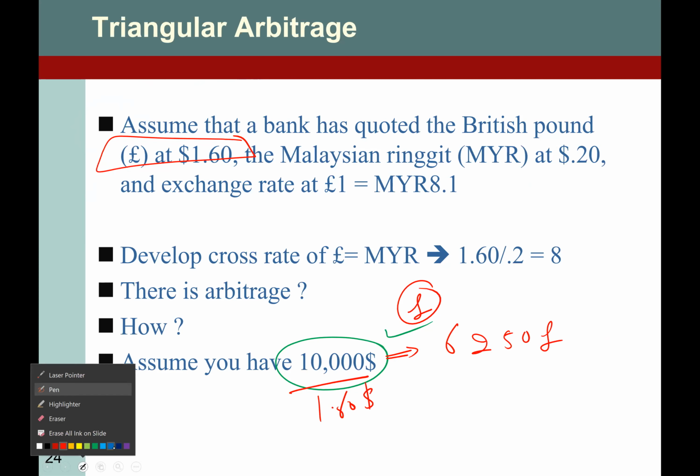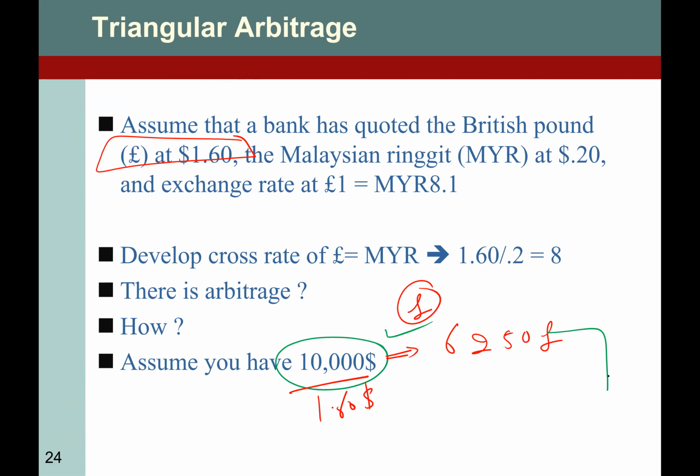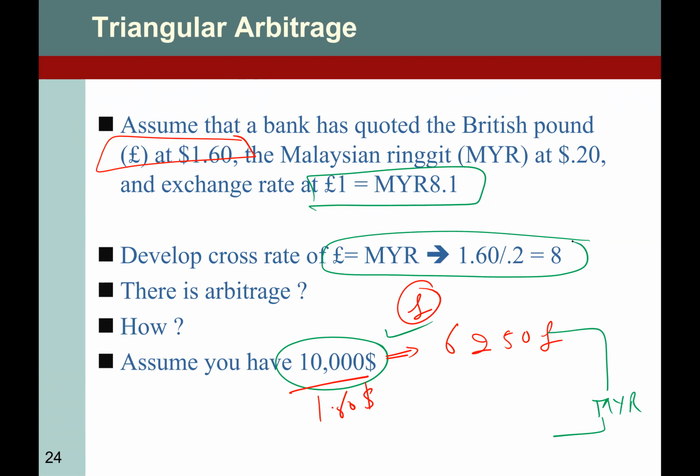Now convert these pounds into Malaysian ringgit. Do we have the rate here to convert pound into ringgit? Can we use this cross exchange rate? No, this is the fundamental value, the value that comes from the formula. According to the fundamentals and the logic, the value should be 8.